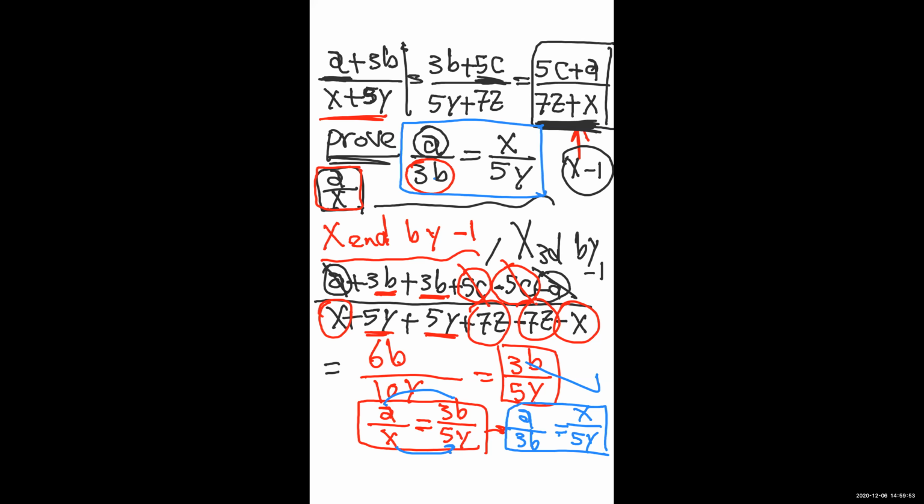Then the next point. Actually, we finished the first 2 lessons in Unit 2. So now I'm going to revise Lesson 3. It's about the continued proportion.